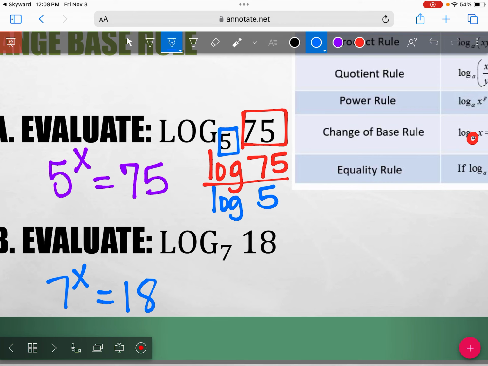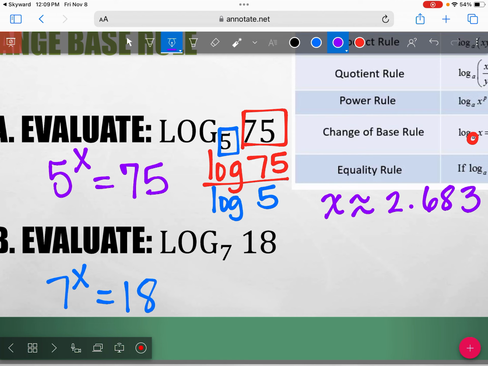So if you type in log 75 divided by log of 5, going out to the thousands place, you would get that x is approximately equal to 2.683. That is what you would get.